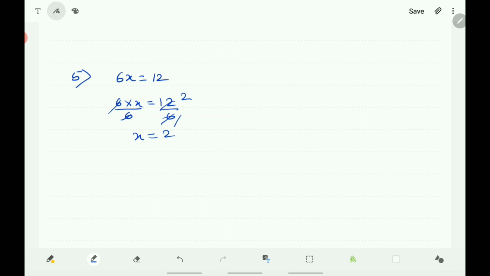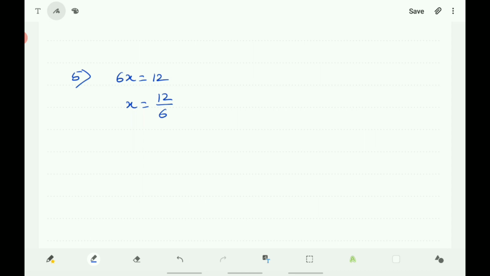So here there is no necessity of writing this. You can write that directly here. That is x equals 12 by 6. That is nothing but transferring 6 to the RHS, that is in the into form, 6 into x. So after transferring this to the RHS, it becomes 12 divided by 6.